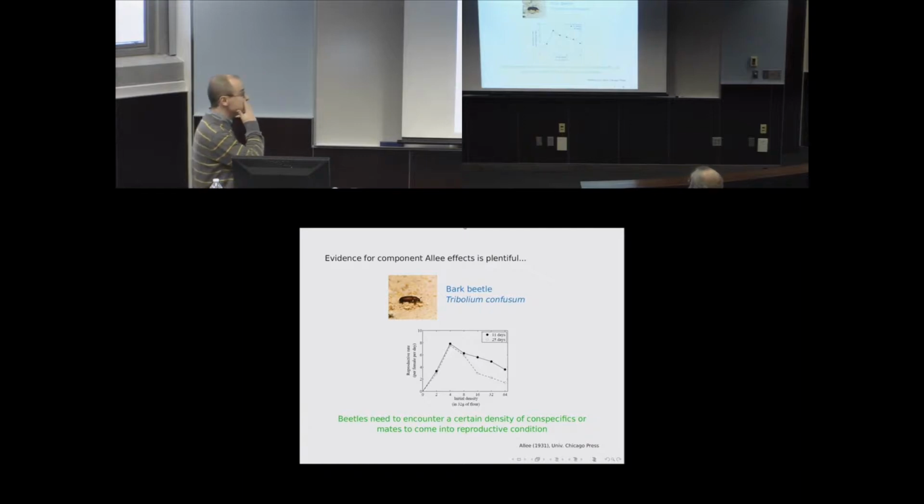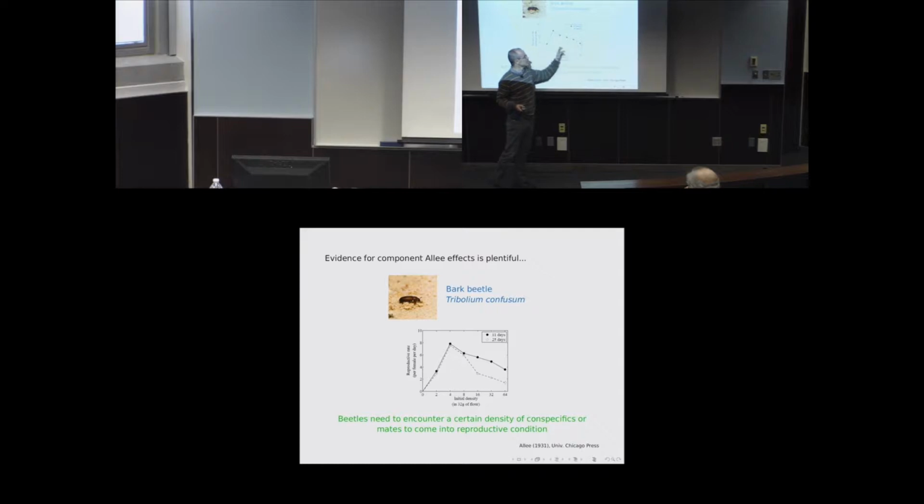So this is one of the earliest examples of component Allee effects, which was revealed by Allee himself: the reproductive rate in flour beetles, Tribolium confusum. We see here the population density and reproductive rate, which is initially increasing and then decreasing.